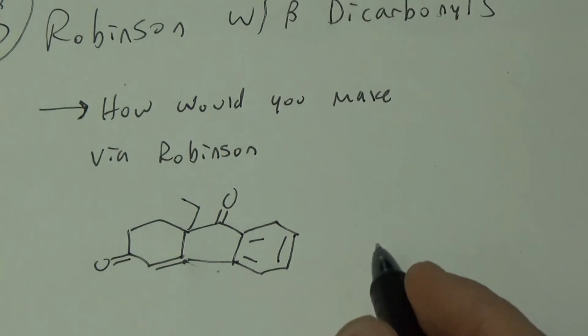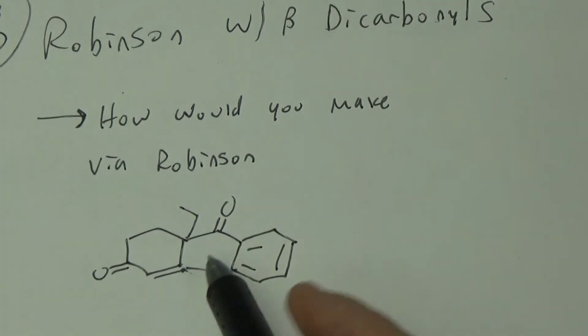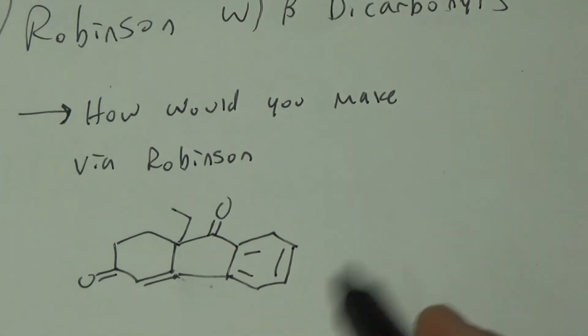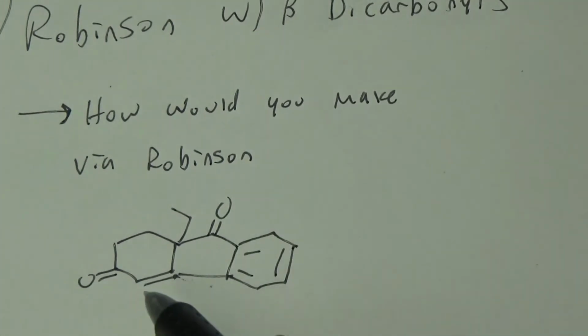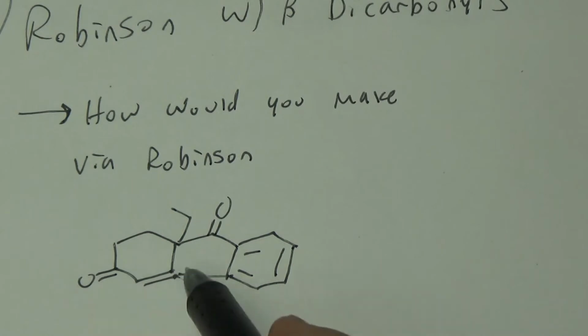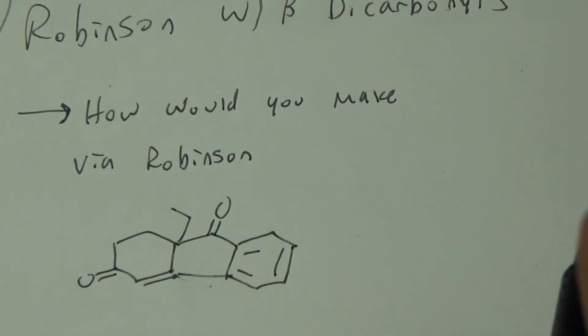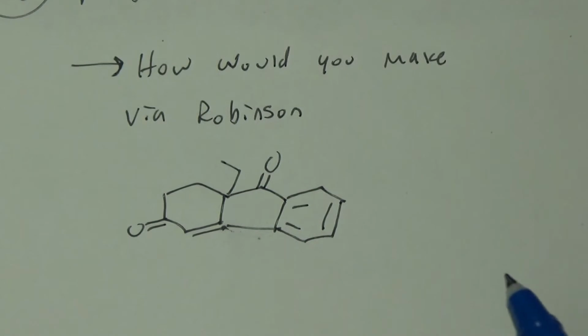The way you approach this is you would do the 4 steps going backwards, and the last step is dehydration to make the alpha, beta unsaturated ketone. So, probably going to be a hydroxy group right there. Another thing, remember the Robinson only makes 1 size of rings. It never makes 5, it never makes 7.